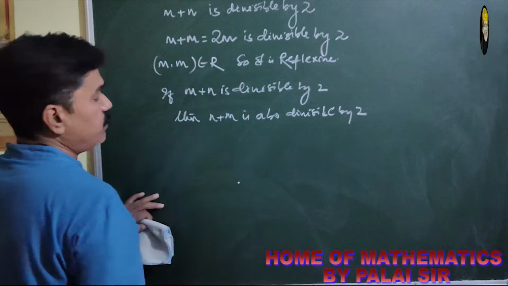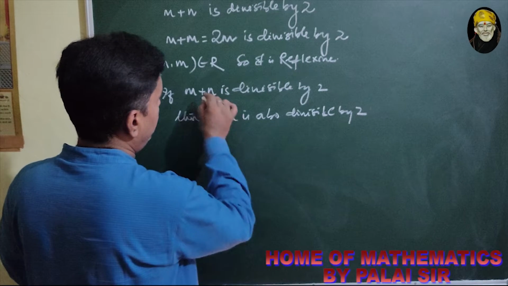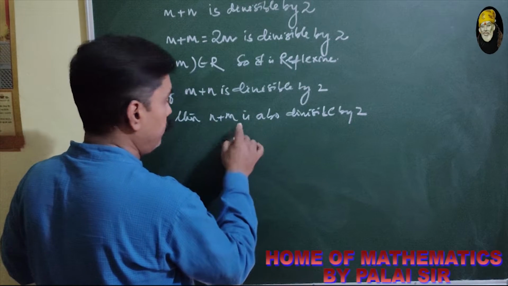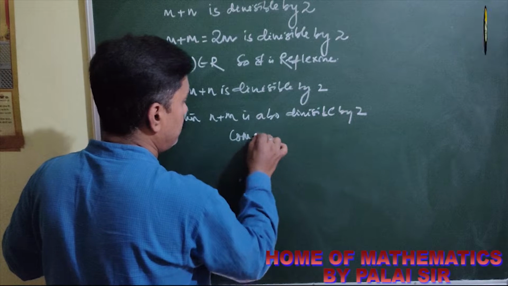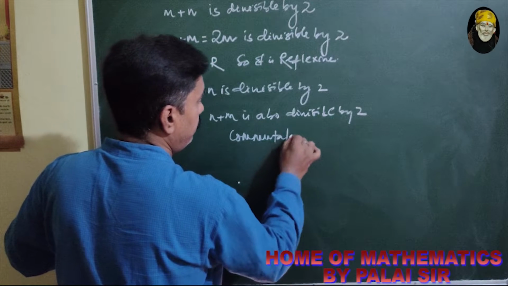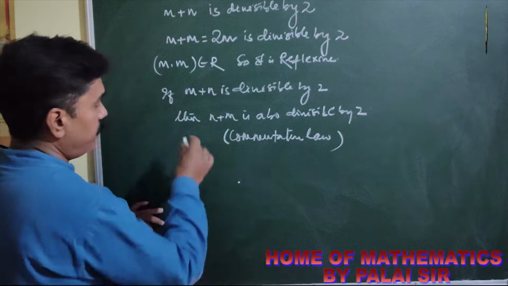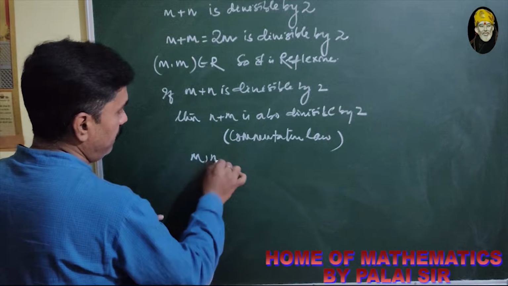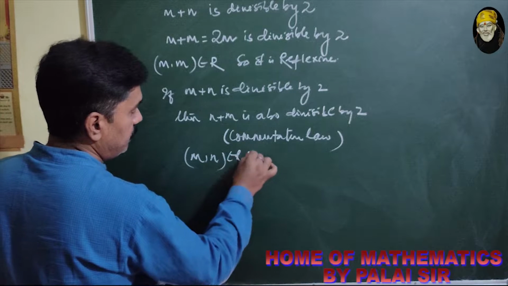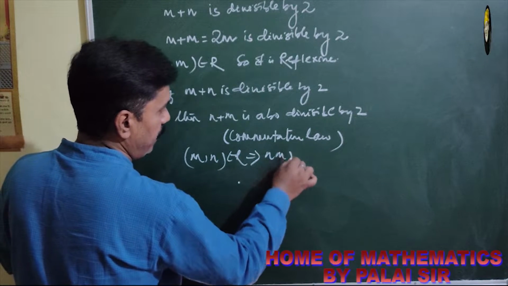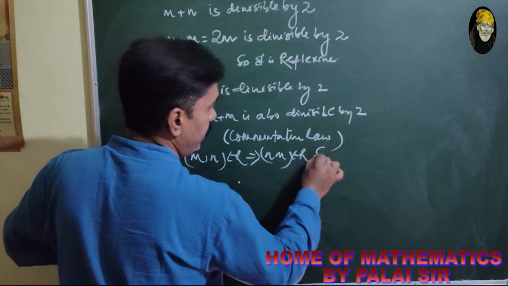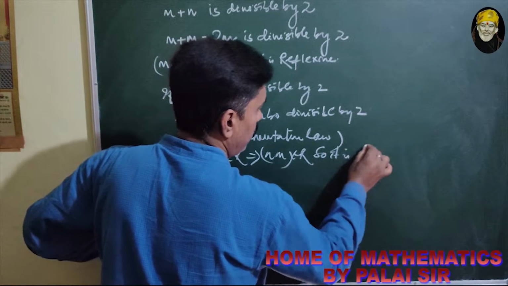It is according to which law? According to commutative law, because m plus n equals n plus m. So it means you are getting mn belongs to R. This implies that nm belongs to R. So it is symmetric.